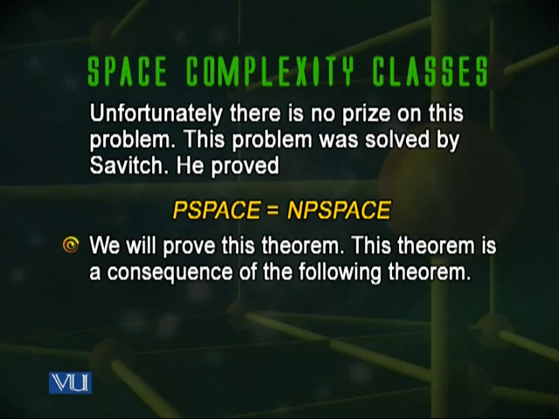In fact, we will prove a more general theorem. As a consequence, we will get this theorem which says that PSPACE is equal to NPSPACE. Roughly, let's see what this theorem is saying. Well, remember, for some good reason, we said polynomial time was practical.